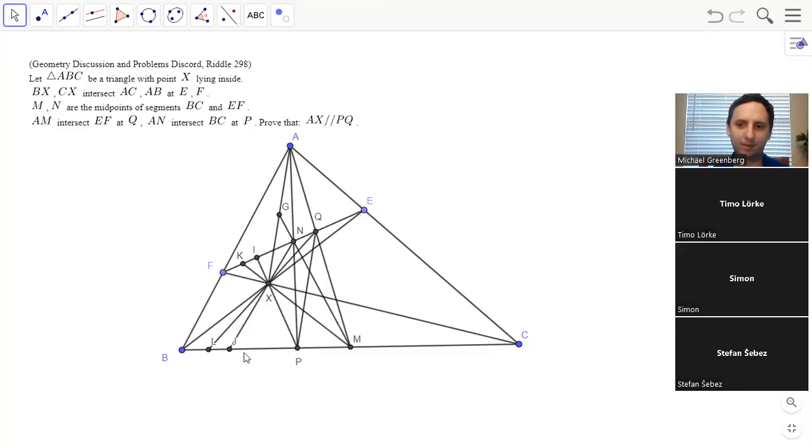Can we also use Pascal's theorem here? Pappus's? Mm-hmm. It could be useful because we have so many points. What do you think about that? Yeah, I'm not sure. Maybe we could.